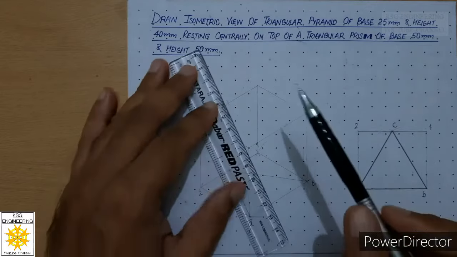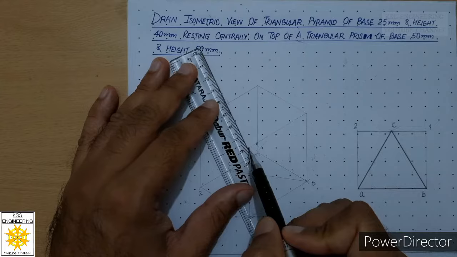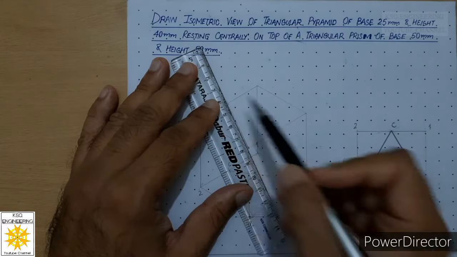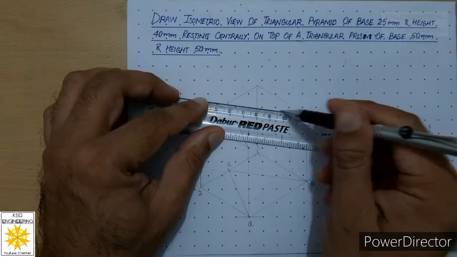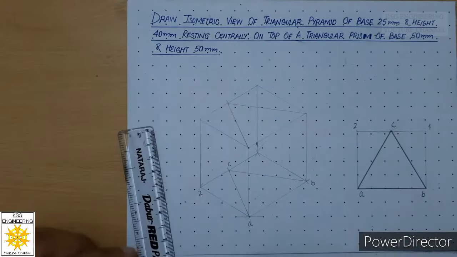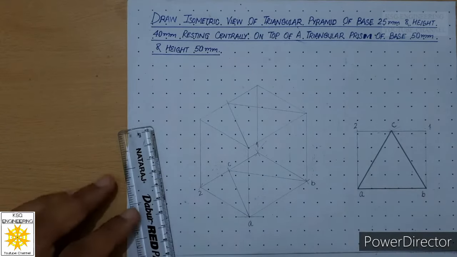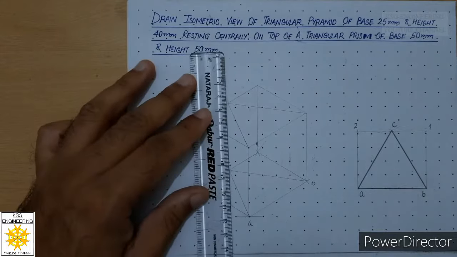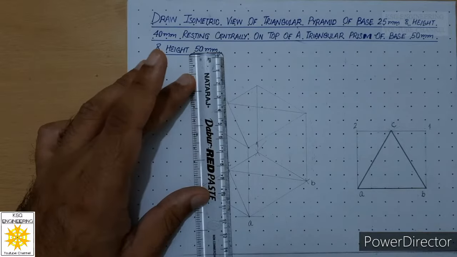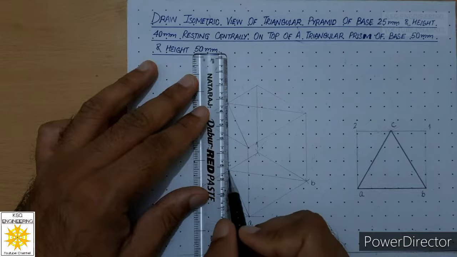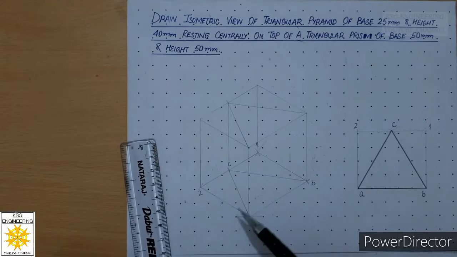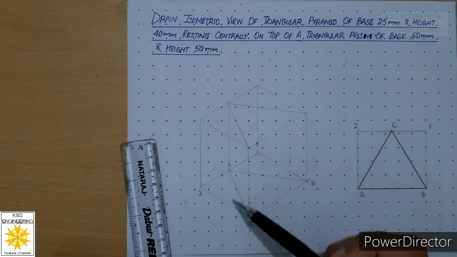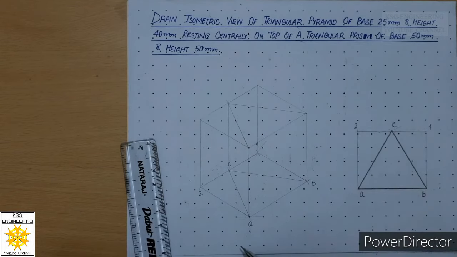Then we will join these 2 points with continuous thin lines at the start. So now you can see we are done with the top face of the prism. Now we will connect these 2 points. So now we are ready with isometric of the triangular prism.